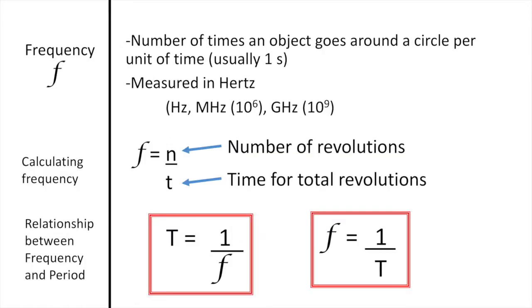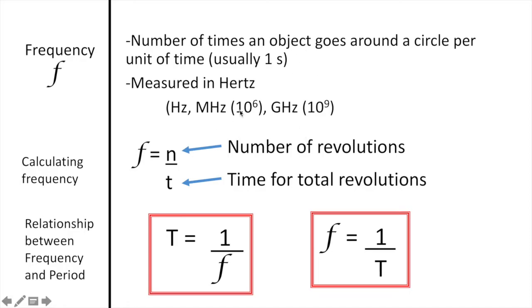Frequency is another term that we use when we're discussing circular motion. Frequency is simply the number of times an object goes around a circle in some period of time, usually in 1 second. This is measured in hertz, Hz, or sometimes denoted as megahertz, because our answers can be in such large quantity that using megahertz allows us to use smaller numbers.